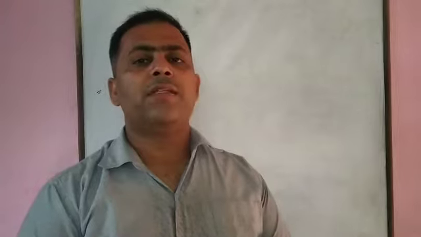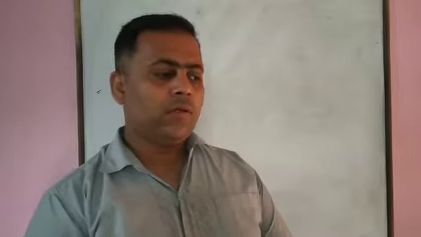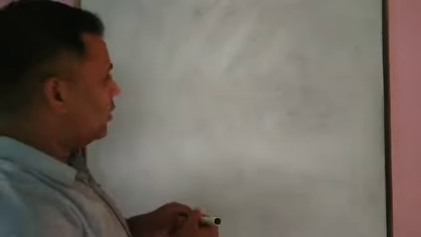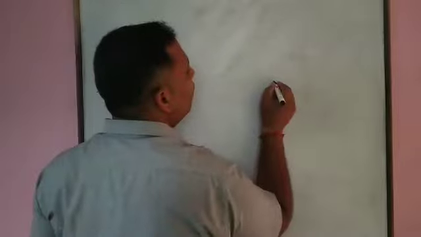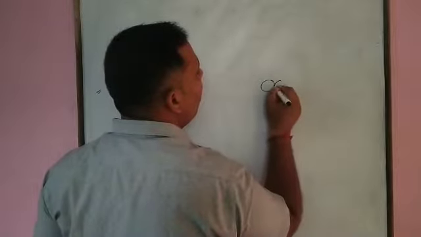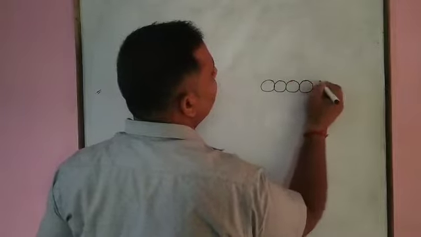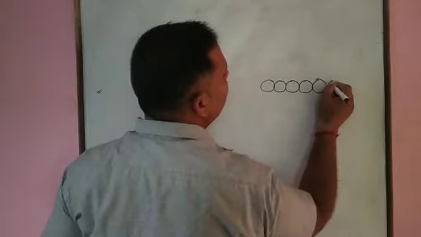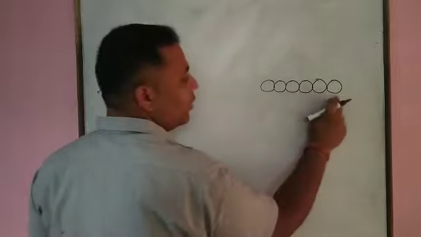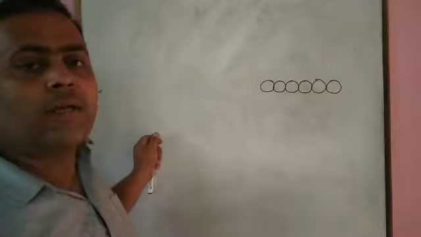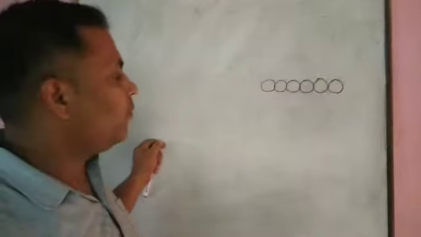In the previous class, we have discussed the closed packing structure in one dimension. Closed packing structure in one dimension is formed when the atoms are arranged in a definite row. This is termed as closed packing structure in one dimension.